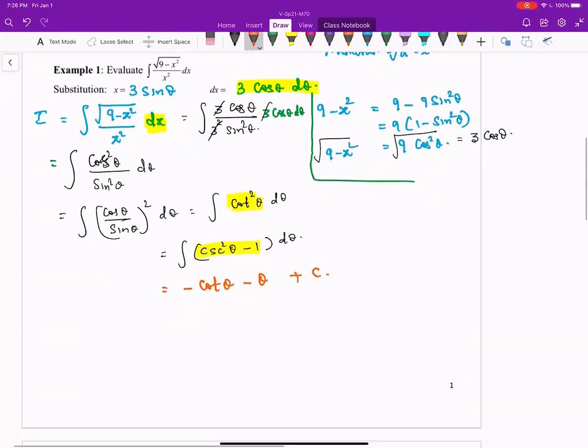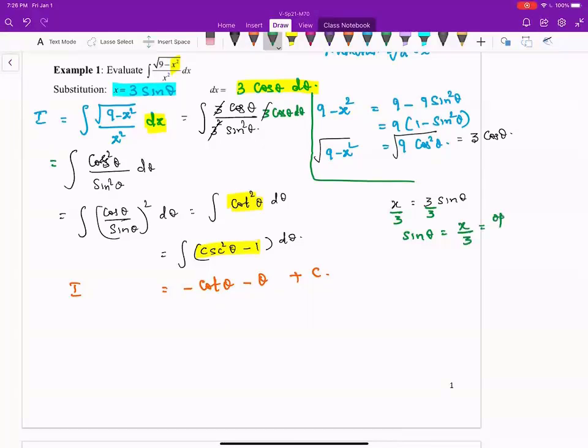But the answer that we have got now is all involving theta, while the original variable in the problem is x. So we have to bring everything to x. Let's start with the substitution that we have done, x equal to 3 sine theta. If I divide by 3, I get sine theta equal to x divided by 3.